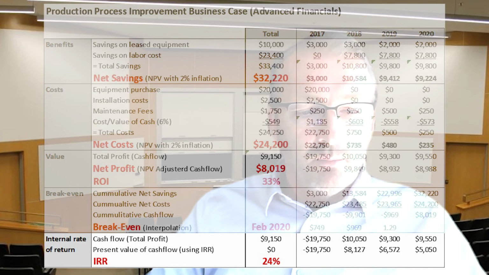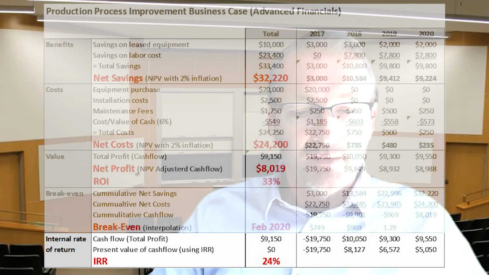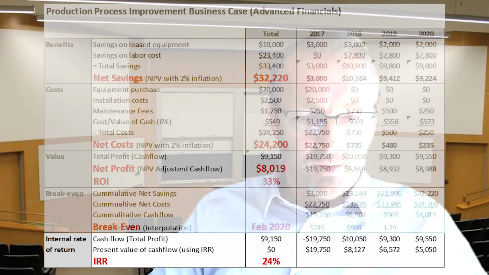Then we look at the present value of the cash flow, and where it becomes zero. So in this case, the internal rate of return is calculated at which rate, with what percentage, our present value of cash flow becomes zero. And in this case, the internal rate of return for this project is 24%.